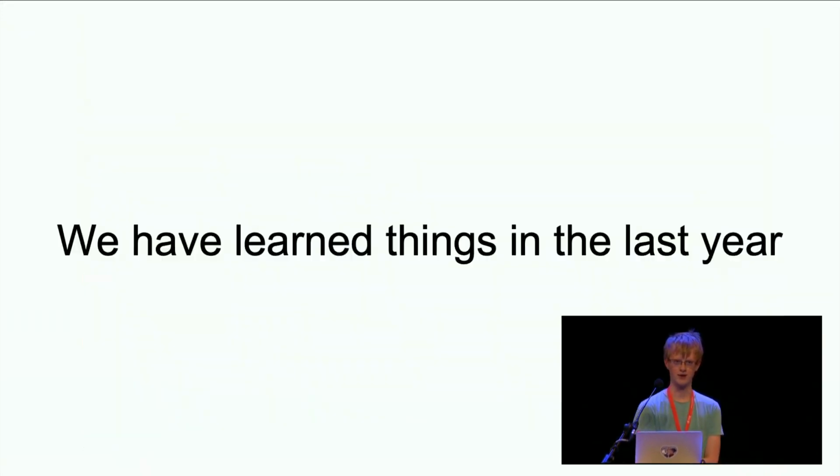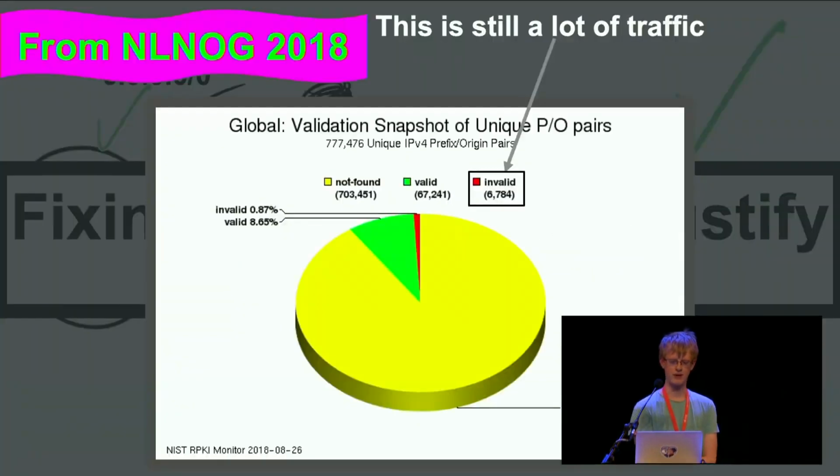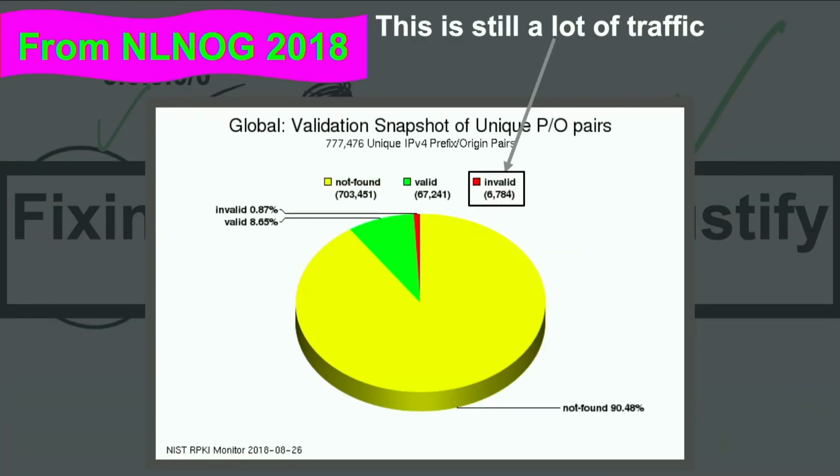We've learned some new things between then and now. So this is what the RPKI signing pie chart looked like last year. And I pointed out that the invalid section of that was actually pretty big. And depending on your situation, you might not want to drop that much traffic or that many prefixes. This year, we actually have hard numbers to say that it does not matter.